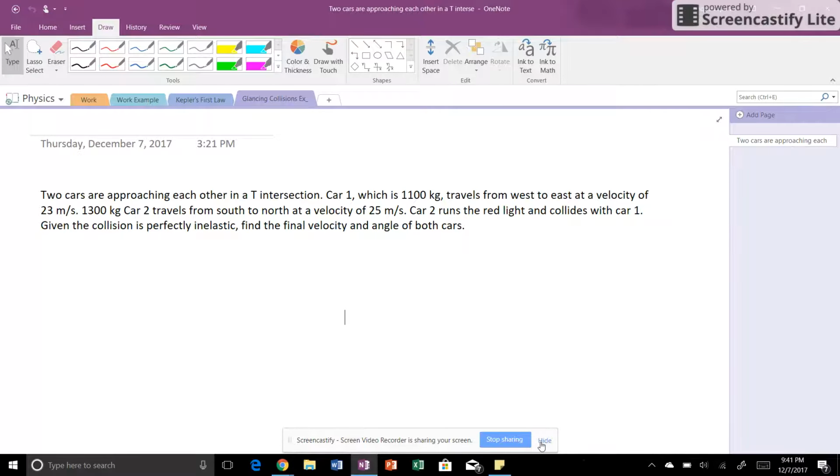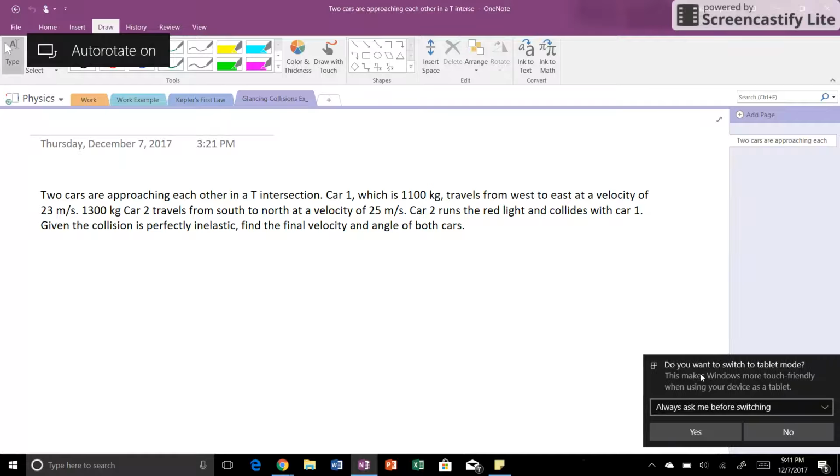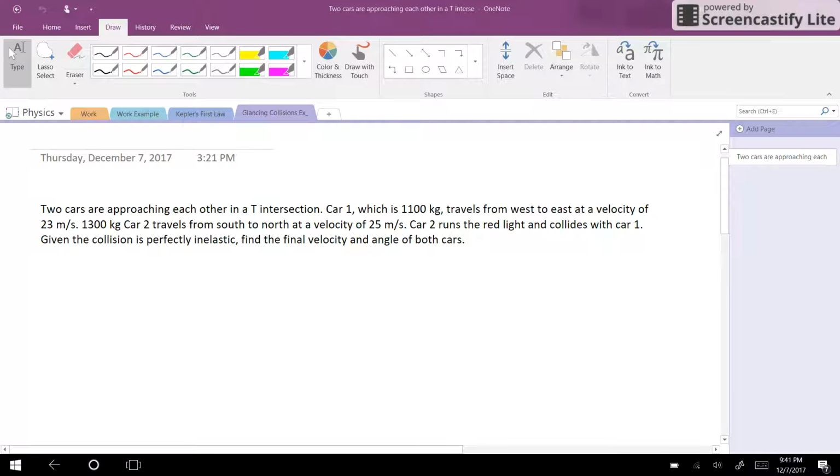Alright, two cars are approaching each other in a T intersection. Car 1 is 1100 kilograms and is going 23 meters per second.